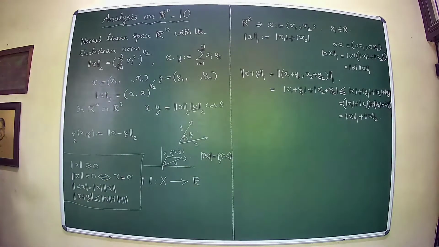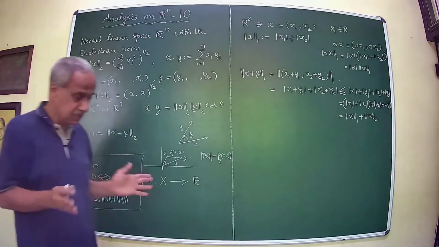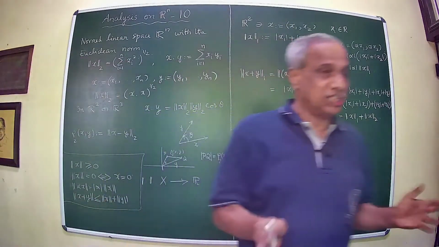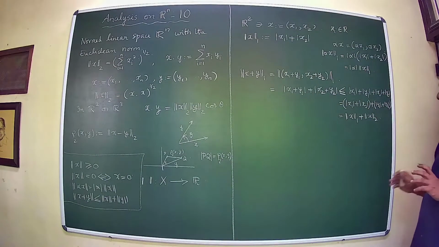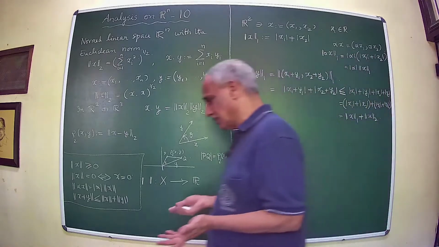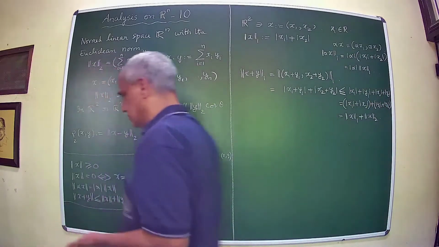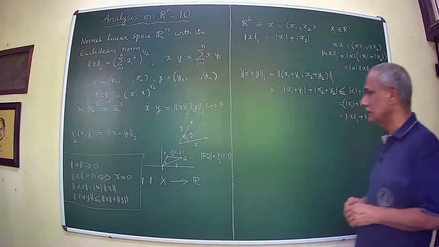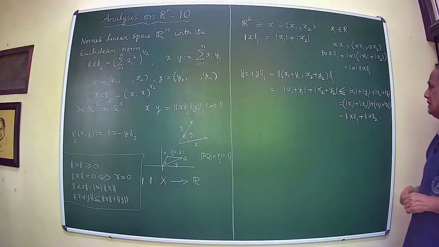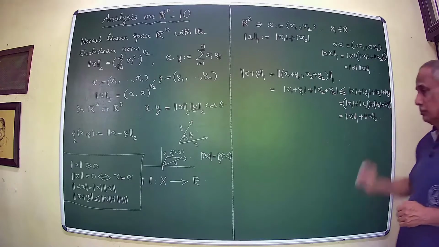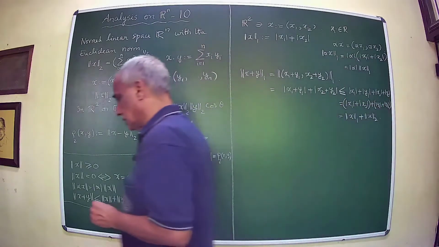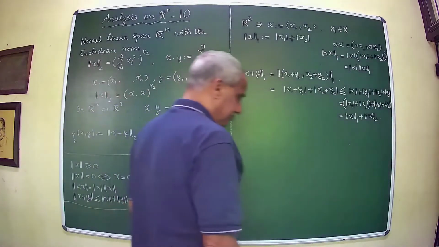One is of course the Cauchy-Schwarz inequality, which amounted to saying that mod cos theta is less than or equal to 1. That's all that you had to use to prove this. You compare the proof of this with the proof of the other. But this is also a norm.